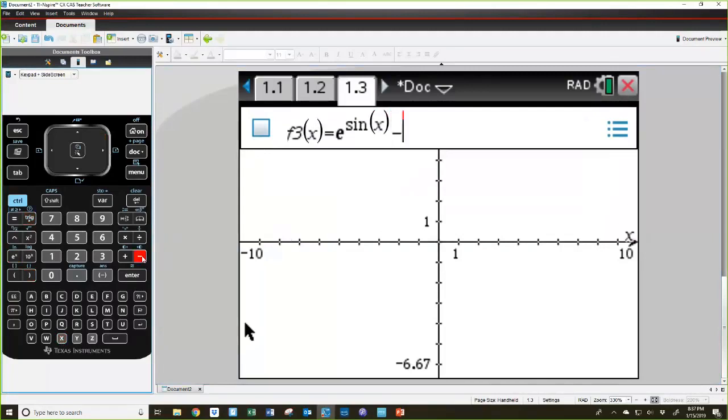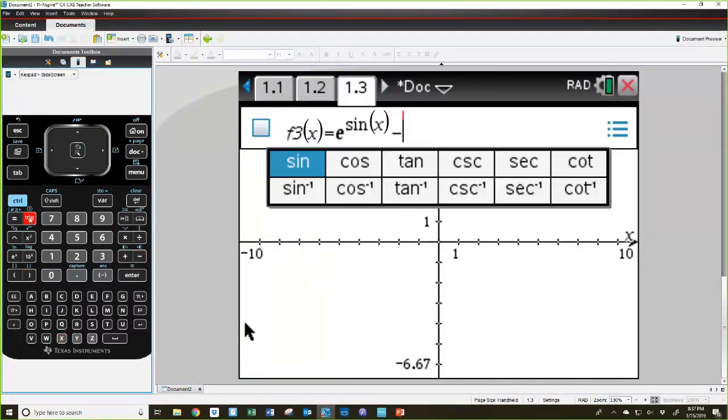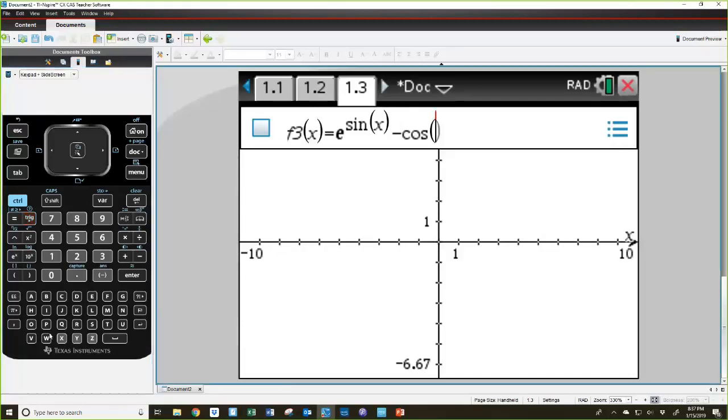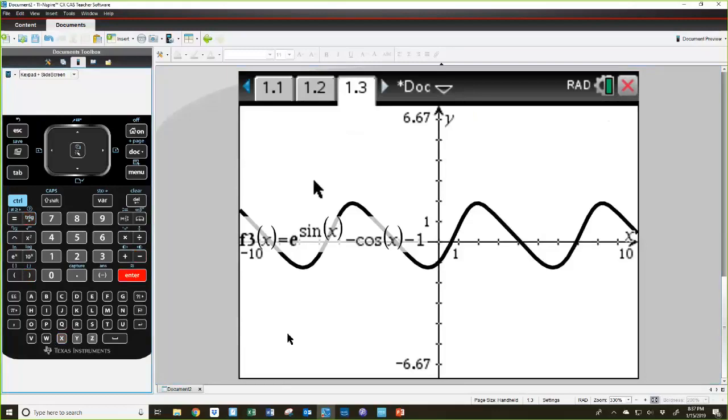So I want to subtract the cosine of x. Those of you who are not familiar with the Nspire, that trig key has all 6 trig functions and the 6 inverse trig functions. So minus cosine of x, and then minus 1. I think on this particular one, I can actually move that function out of the way a little bit.